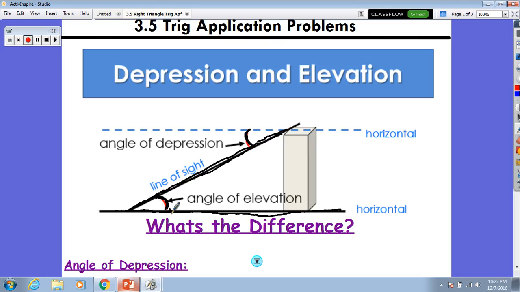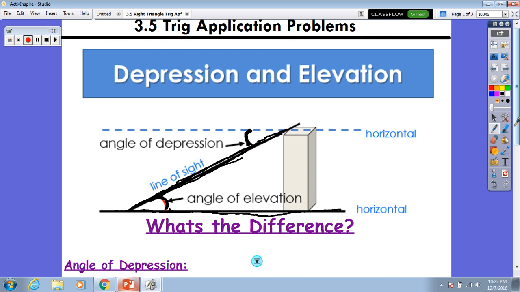We don't pay attention to the horizontal line, but the line that forms that angle is going up, so that's why we call it an angle of elevation. So obviously, in order for it to go up, the angle has to be at the bottom because then our line will extend upward. Whereas when we have a depression, your angle starts out at the top and that line will be going down. Okay?